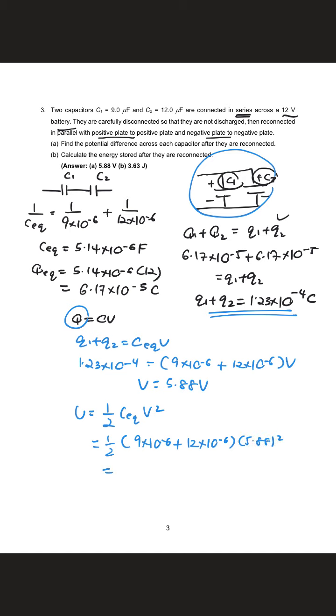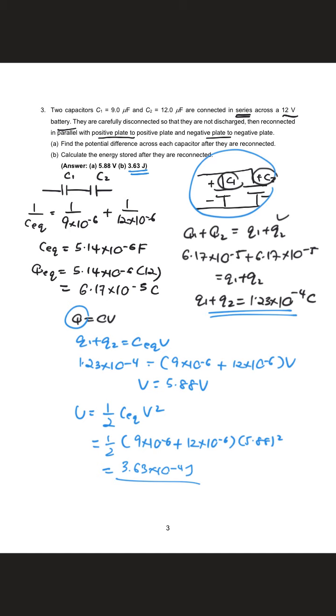Therefore you are going to get 3.63 × 10^-4 joule. Oh, I wrongly inserted the answer here. So the answer should be 3.63 × 10^-4 joule, which is basically the energy stored after they are reconnected.